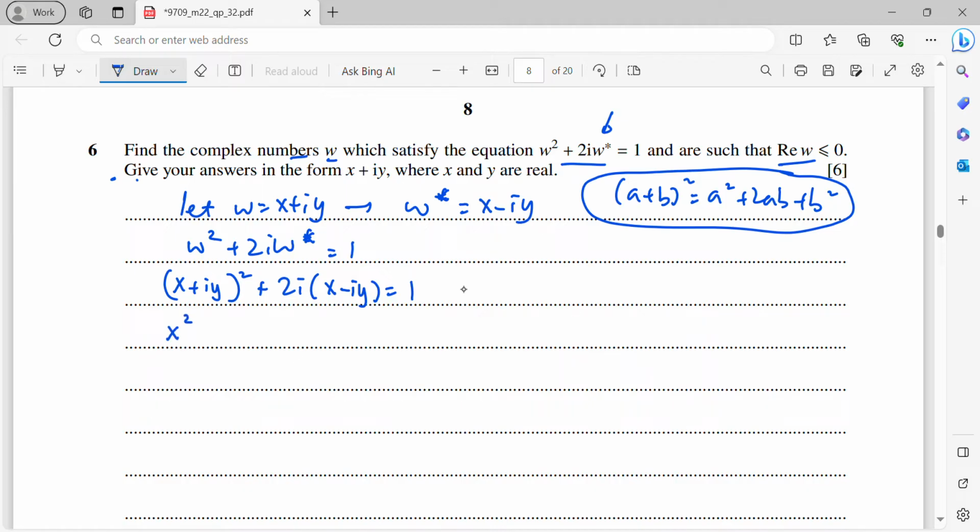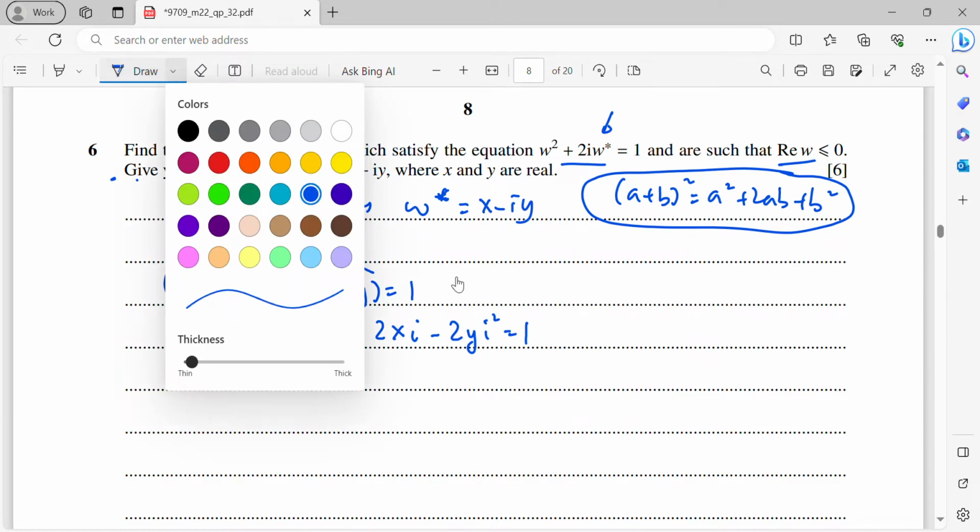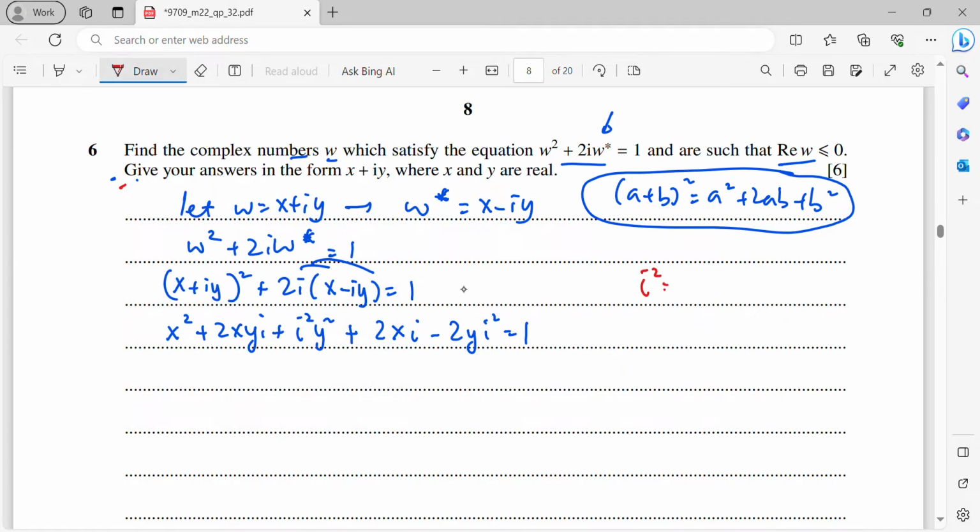Here will be x squared plus 2xyi plus i squared y squared. Then here you do expansion: 2xi minus 2yi squared equals to 1. Now, for your information, i squared is minus 1. So that means this is minus 1, and this is minus 1. Okay?